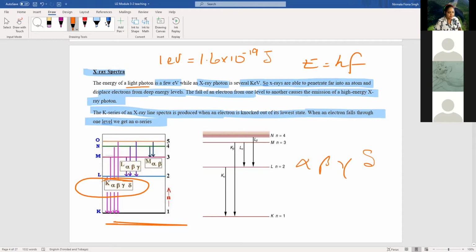Alpha is when it falls from level 2 to level 1. From level 3 to 1 will be beta. Level 4 to level 1 will be gamma. Level 5 to level 1 will be delta.